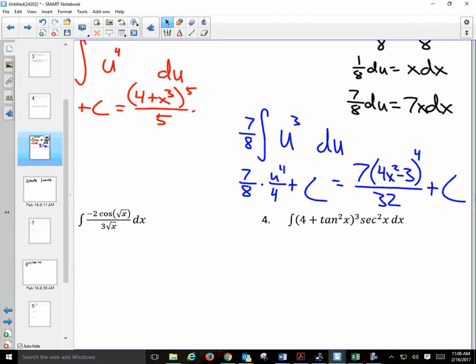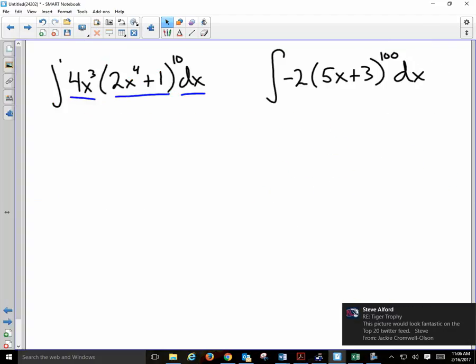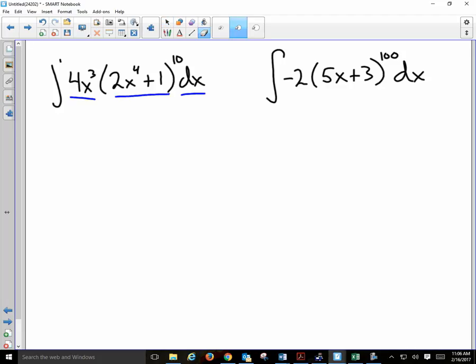Take out a scratch sheet of paper. What I would like you to do right now is, on a scratch sheet of paper, try to find these two indefinite integrals.